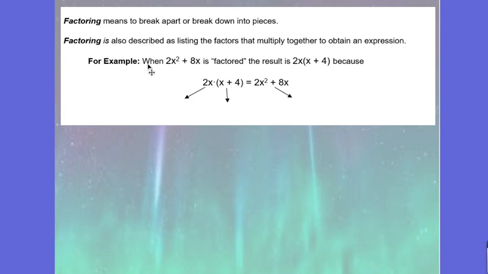But for example, when we have a binomial such as 2x squared plus 8x, we consider it factored when we express it as 2x times x plus 4, because 2x and x plus 4 are both factors that will multiply, if I distribute, to give me this product. So this is considered factored. 2x squared plus 8x is equivalent to having this monomial times this binomial.